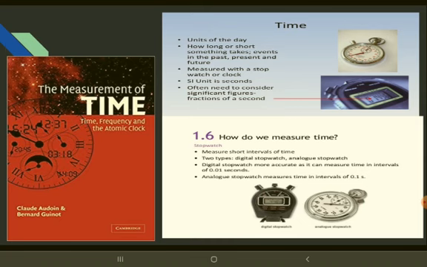Then sundials were invented to measure time during the day. The sand clock or hourglass was made to measure time. Later, pendulum clocks, and nowadays quartz clocks and digital clocks were invented to measure time accurately.